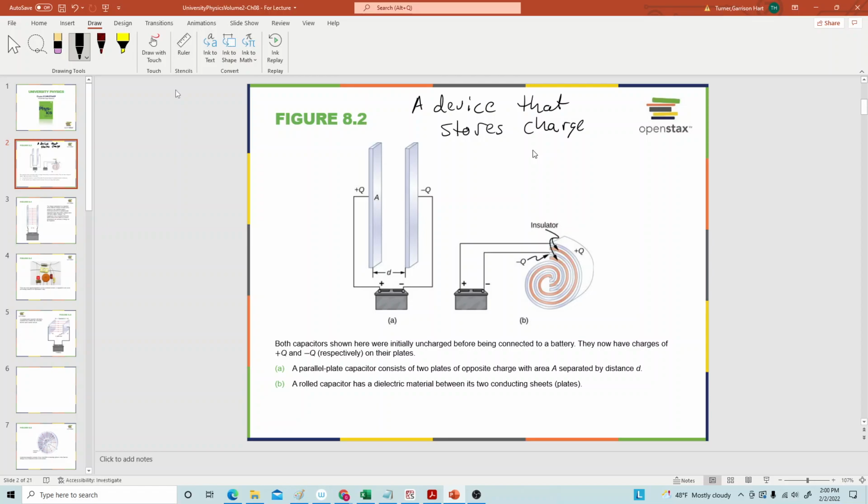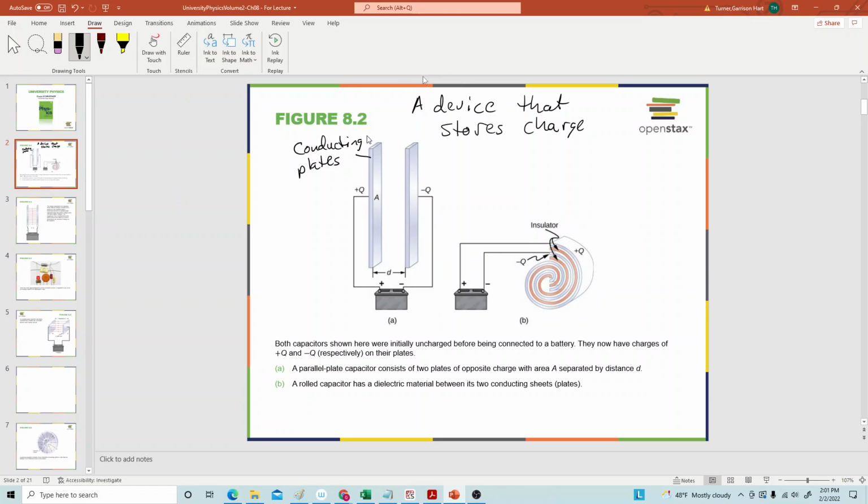Now, when you build such a device, the simplest device that you can build is two conducting plates. Okay, and they need to be conductive because when you connect them to a voltage source, they have to be able to allow charges to move freely.